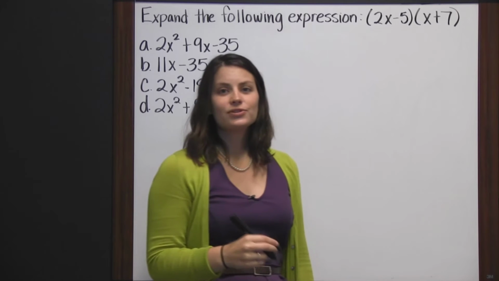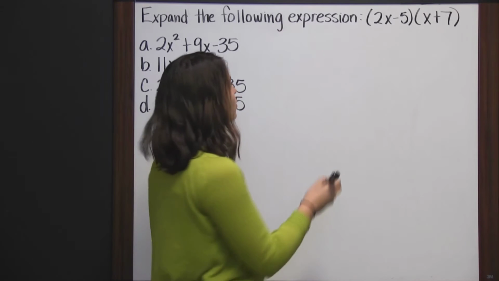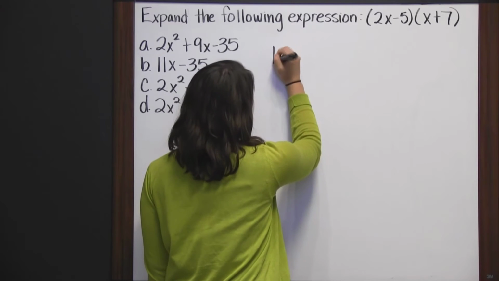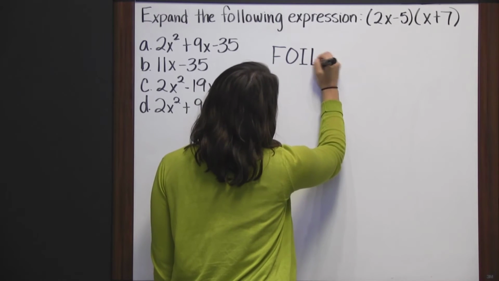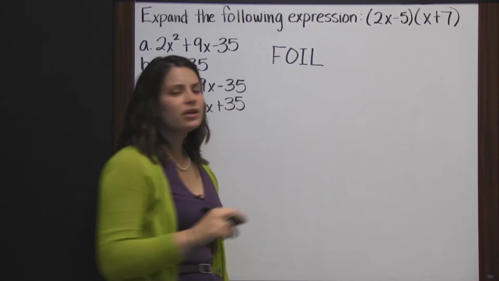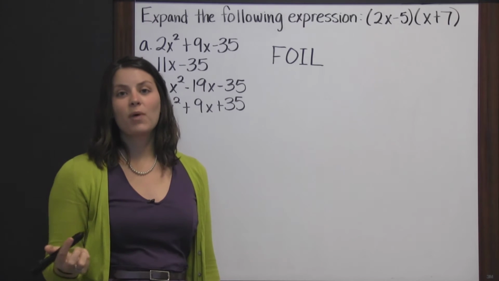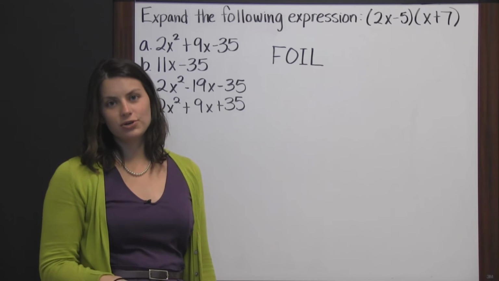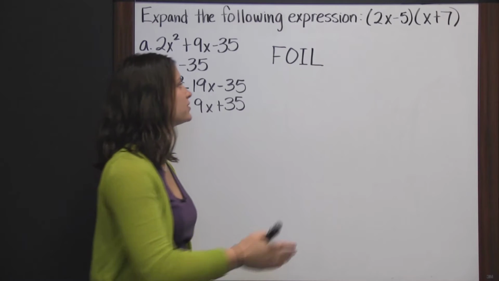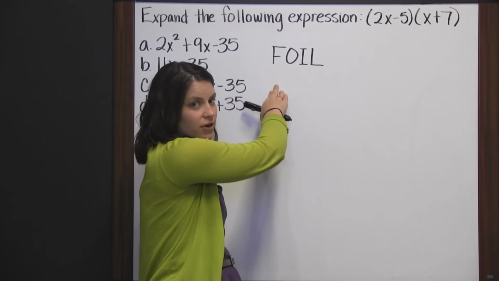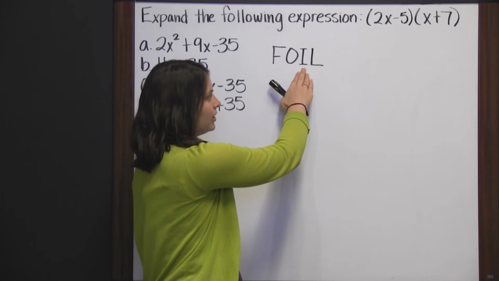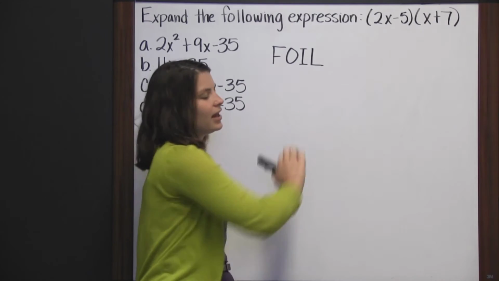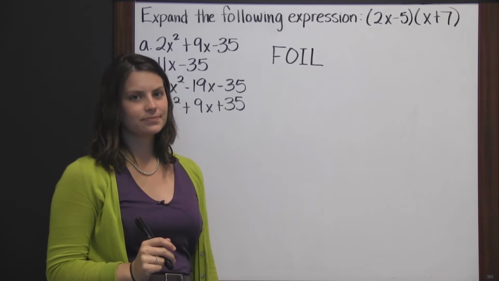So I'm going to use FOIL to help us multiply these binomials. FOIL is just an easier way to remember what to do when you're multiplying these binomials. The F stands for first, O outer, I inner, and L last.